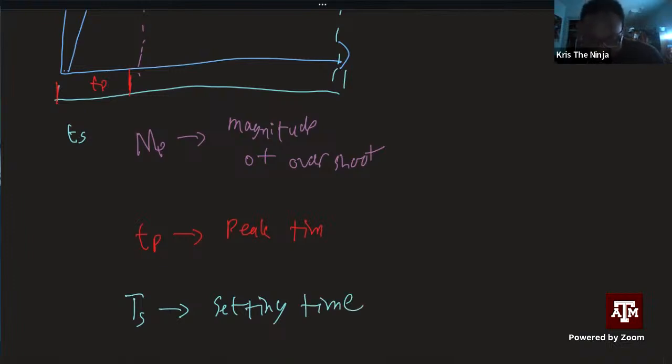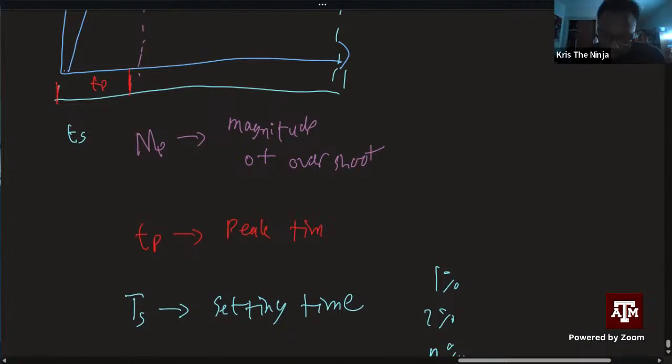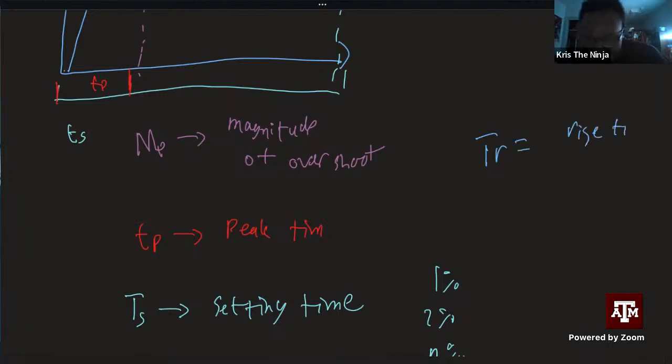So it might be 1%, 2%, n%. You'll also have a TR value. That's your rise time, and that's the time from 10% to 90% of the final value.